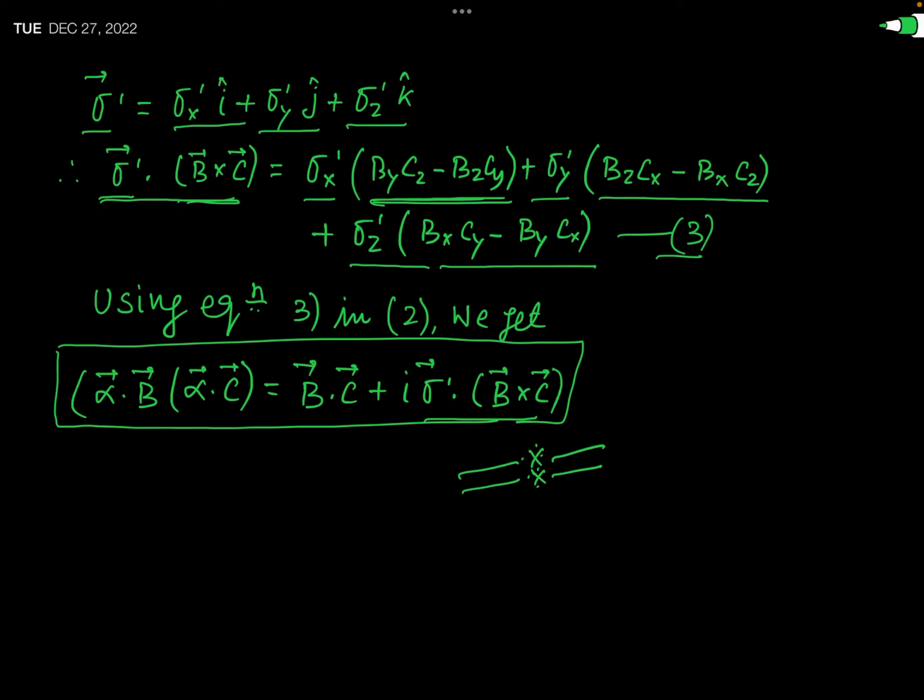We have also used the properties of the Pauli spin matrices, which you have learned earlier. If you have not studied the Pauli spin matrices in detail, I suggest you go through my video in this same playlist on the Pauli spin matrices. You will find a detailed discussion in those videos.